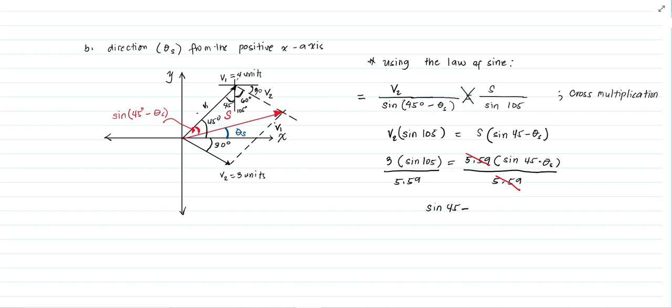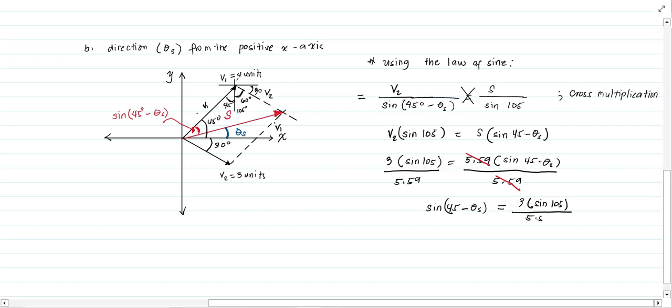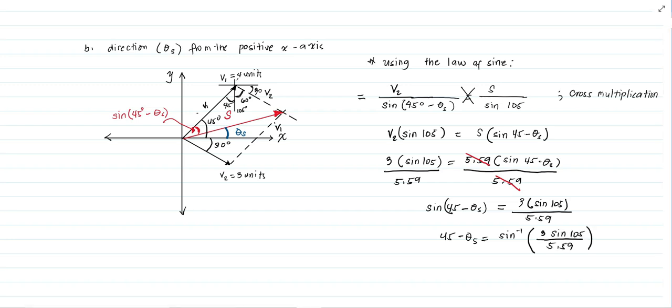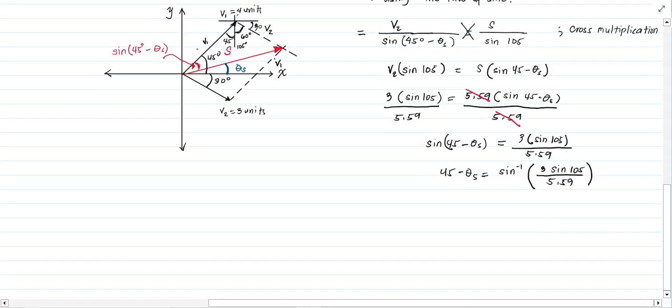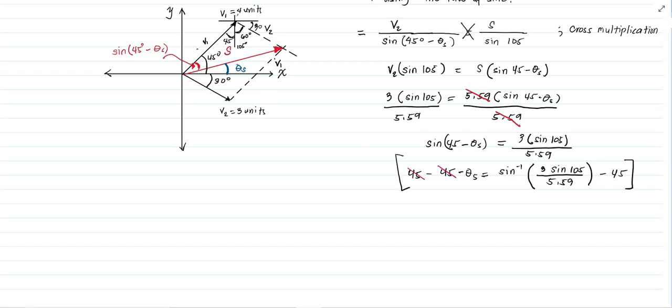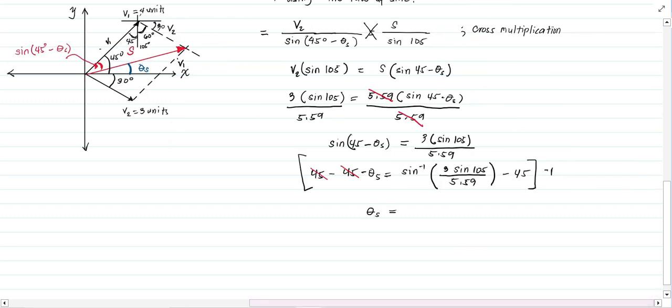Transferring the equation from the right to the left, and taking the inverse sine. Let us now eliminate 45 by subtracting 45 on both sides. And multiply both sides by -1, so that we can have a positive value of theta sub s.